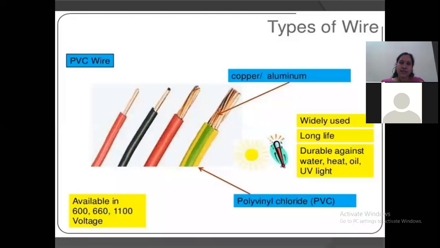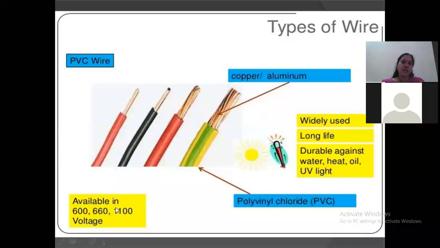So let us discuss the PVC wire here. You can have different varieties of PVC wires here. The same thing, the conductors are made up of copper or aluminum.